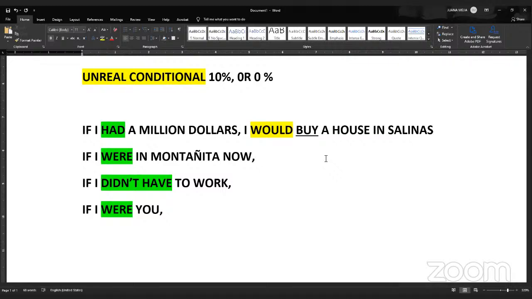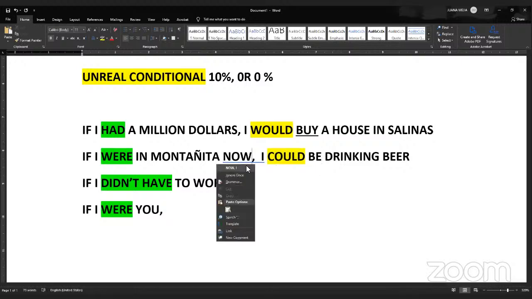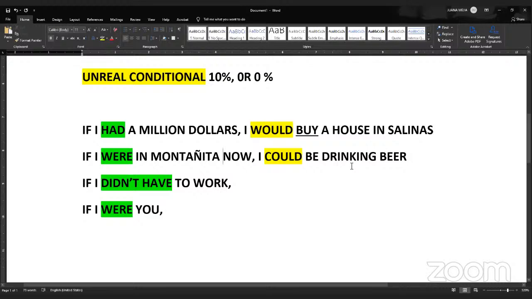Number 2. If I were in Montañita now, si estuviera en Montañita ahora, ¿qué podría estar haciendo? I would drink a beer. Okay, yes. You see, this is the second example.